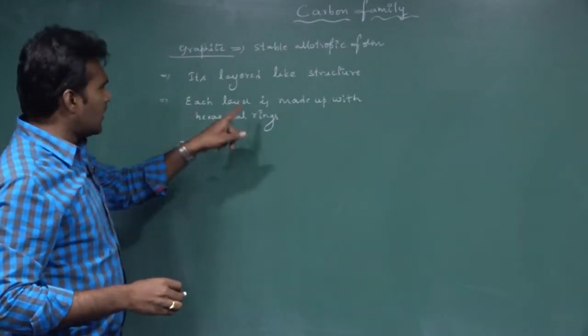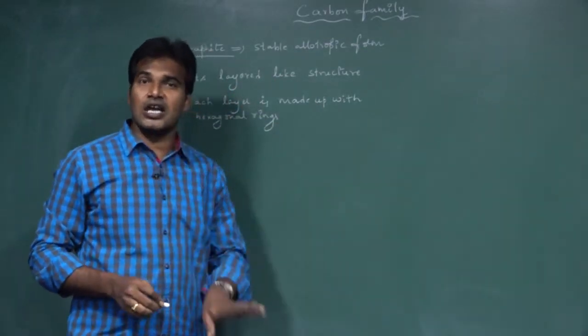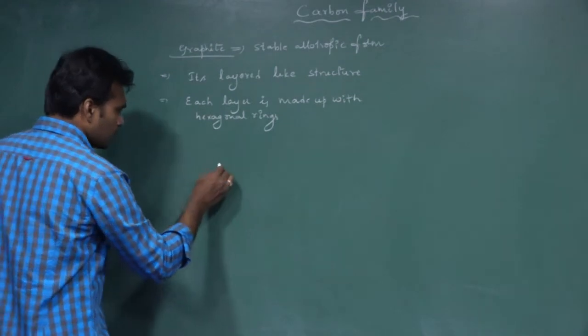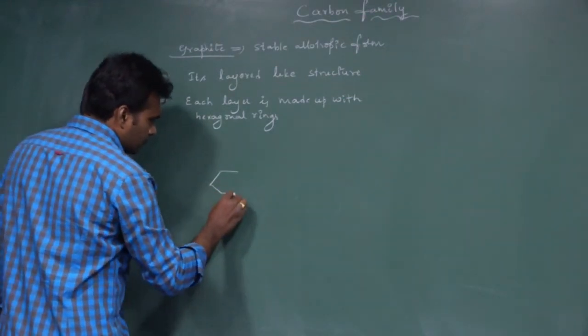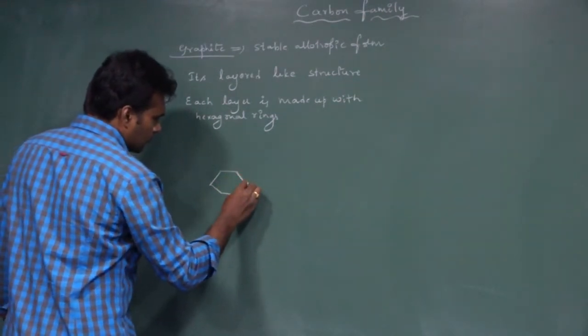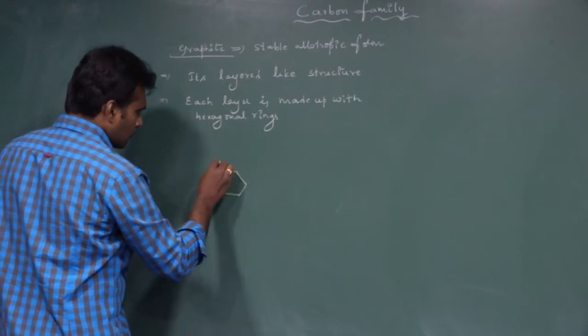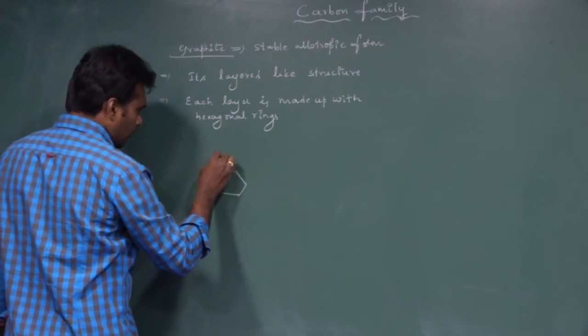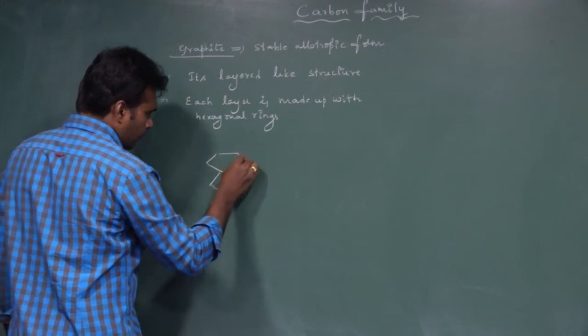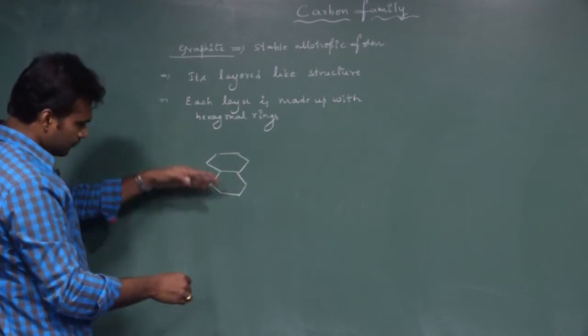Okay, each layer is made up of what? Hexagonal rings. For example, consider this is one layer.